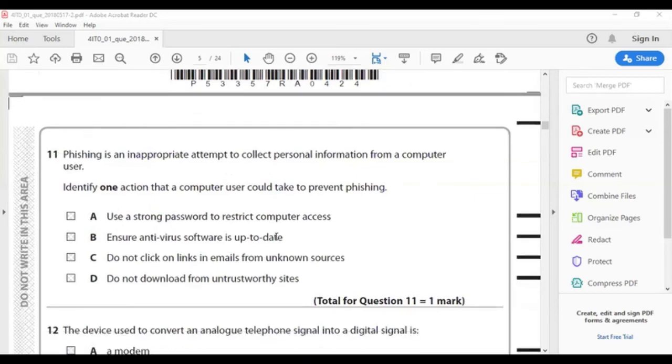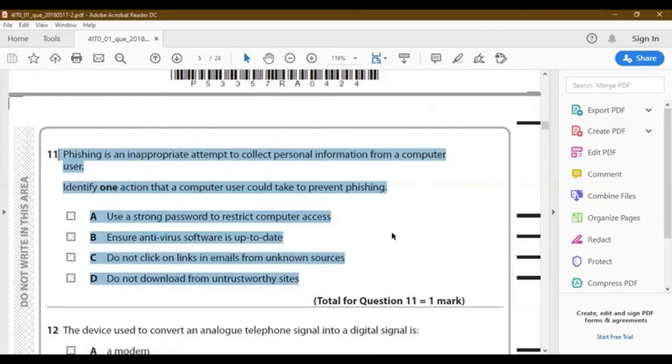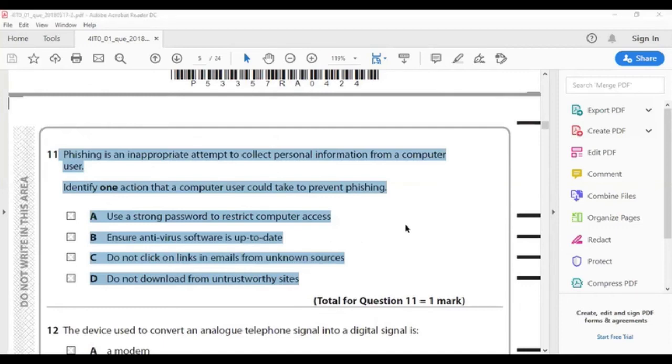Mr. Omar. Phishing is an inappropriate attempt to collect personal information from a computer user. Identify one action that a computer user could take to prevent phishing.